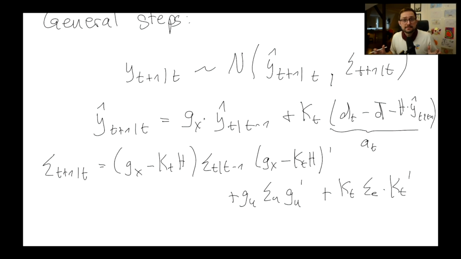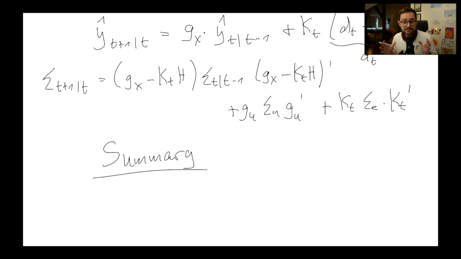Now let me summarize this algorithm. The problem the Kalman filter solves is that we only have observations for dt, but we don't have observations for yt. And what the Kalman filter provides is a best estimate for these unobserved variables. What we make use of is Gaussianity and linearity. This enables me to derive the best linear and unbiased estimate for the state variables, our model variables.